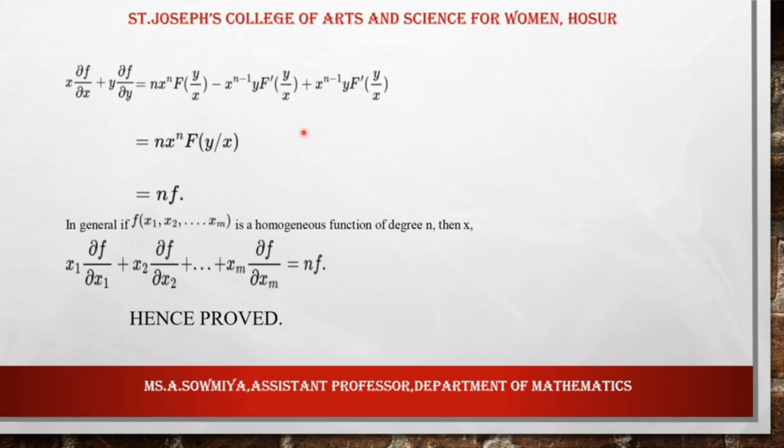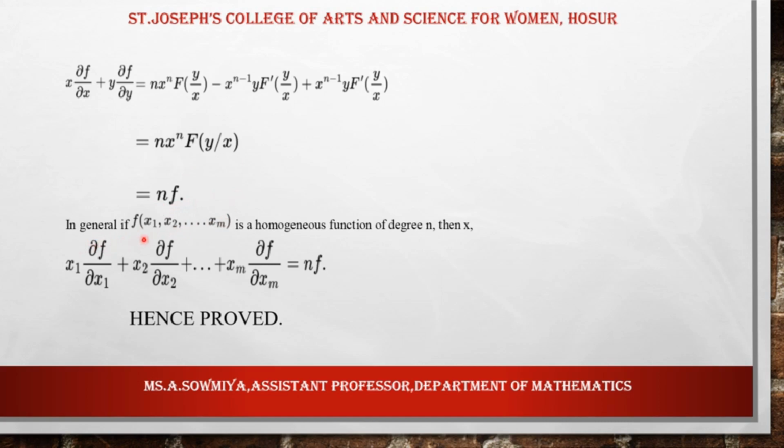Let's take the common terms out, that is n and x power n, and this term will become f of y by x. We already know that x power n into f of y by x we have considered as f. So we substitute this value here. So we get at last n into f. This is Euler's theorem proof.